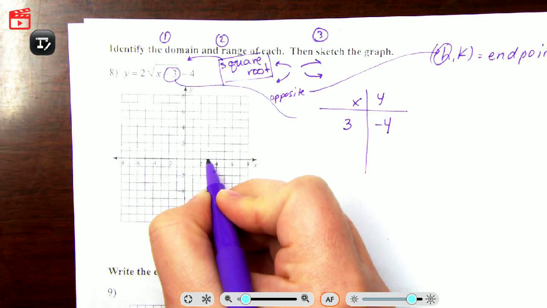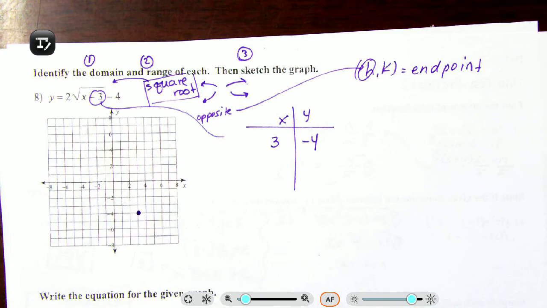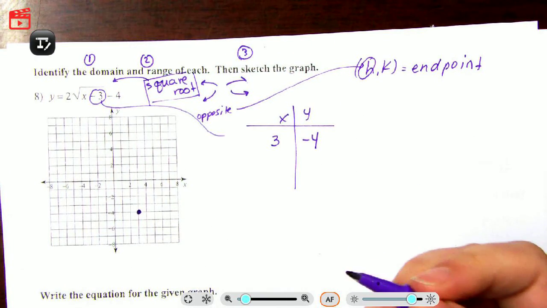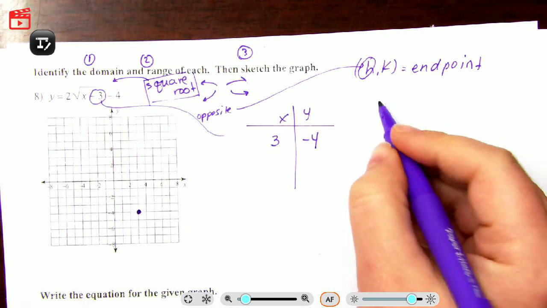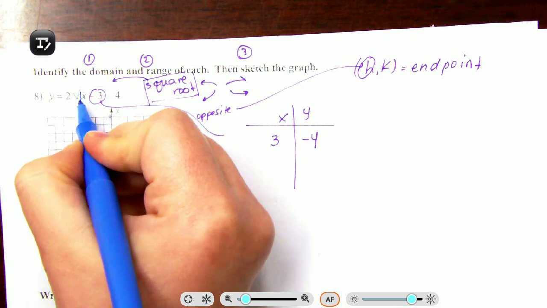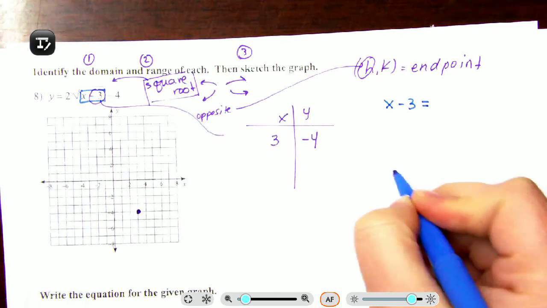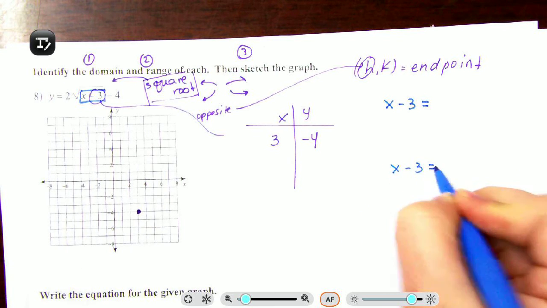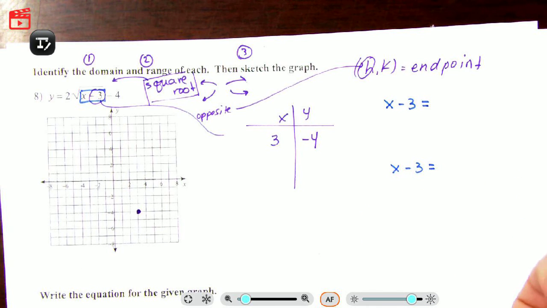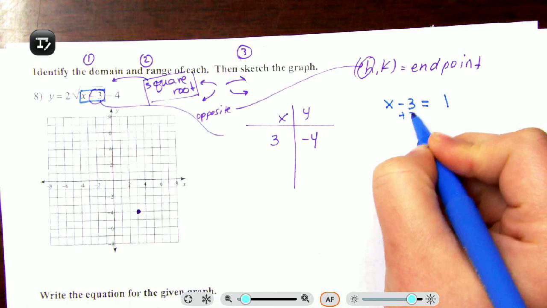So where's 3, negative 4? Here's your HK. That is your endpoint. Now, go up 1 or go down 1. Let's do it a different way. I'm going to take the inside, which is x minus 3, and set it equal to two things that I know the square root of. I know the square root of 1, and I know the square root of 4. And I'm going to solve.